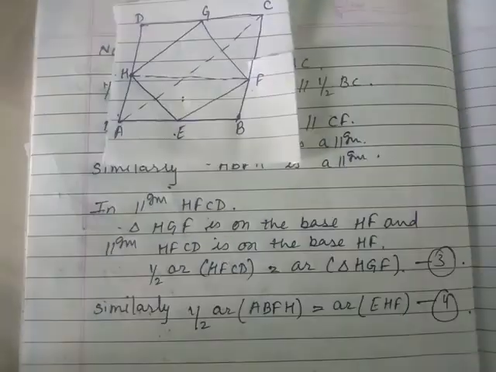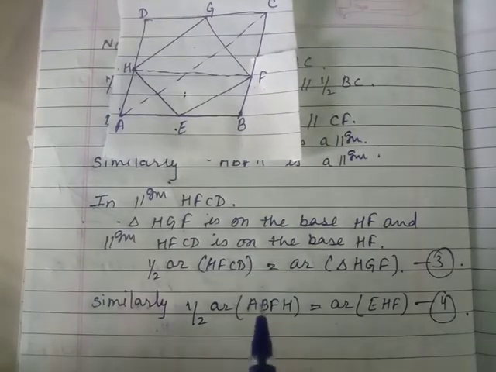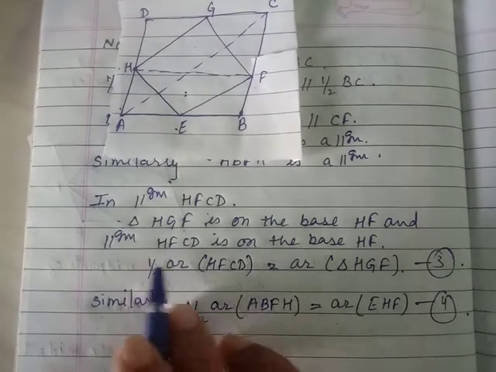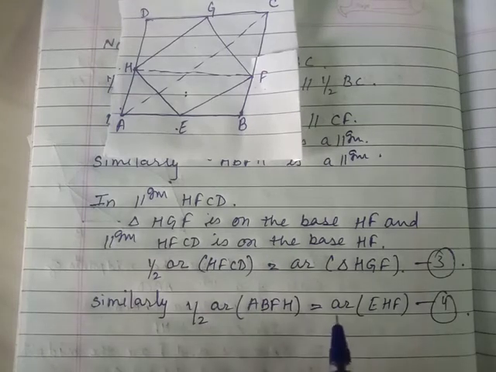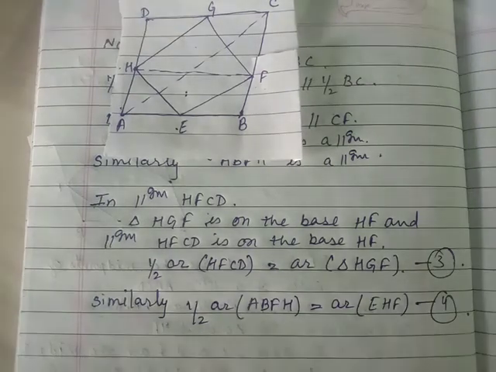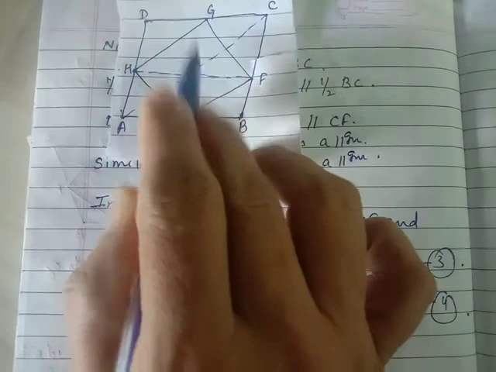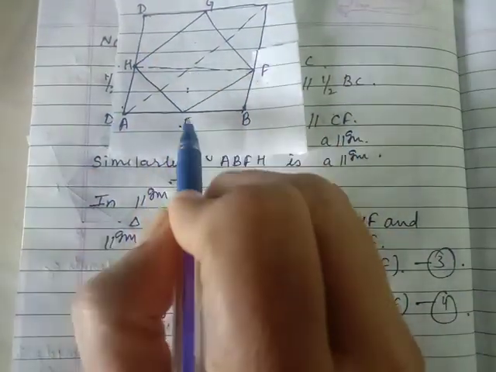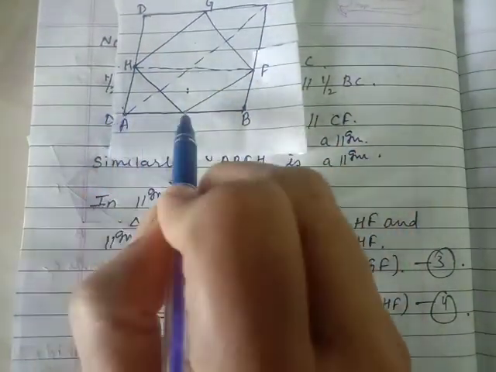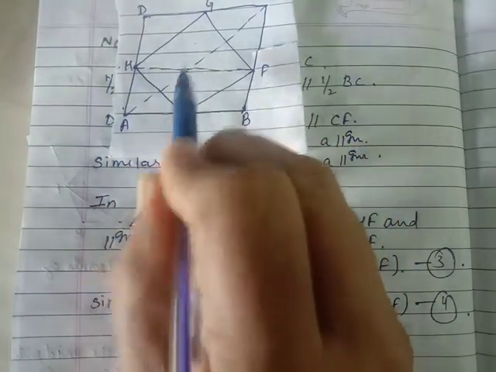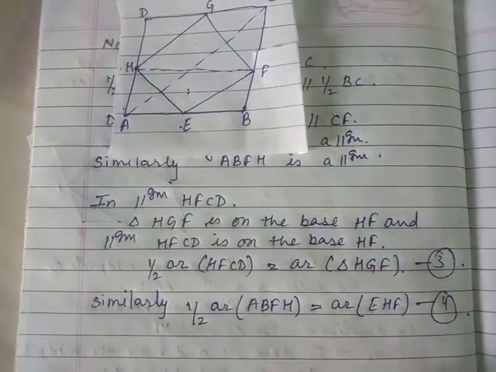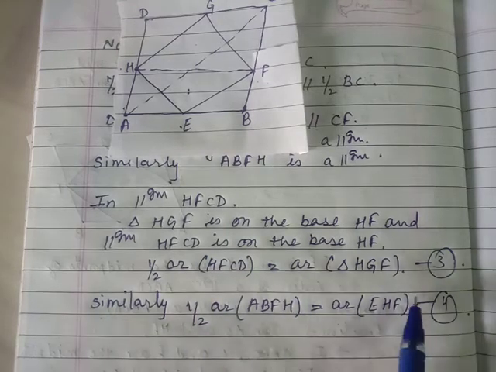So we have got 2 equations now. The reason behind this is that these are on the same base and between the same parallels. This triangle and this parallelogram are on the same base HF and between the same parallels. Okay, so we can apply the theorem here.